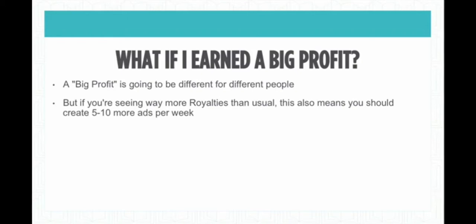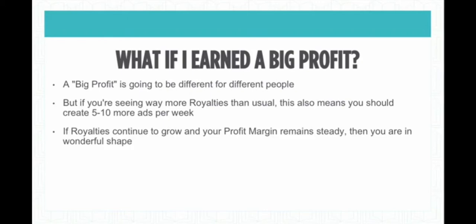Because if you are converting well, if your book is doing really well, then getting more ads into the system is going to be a good thing. Now, if royalties continue to grow and your profit margin, your ROI, your return on investment, remains steady, then you're in wonderful shape.